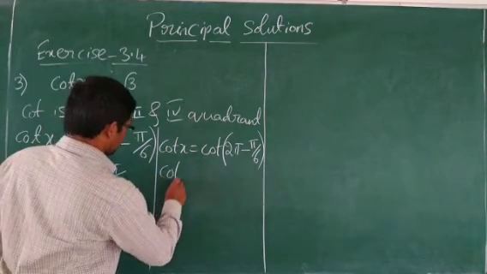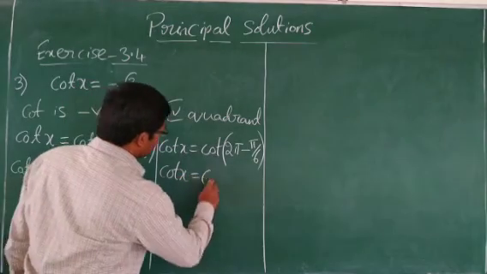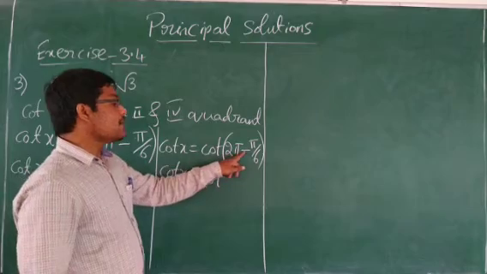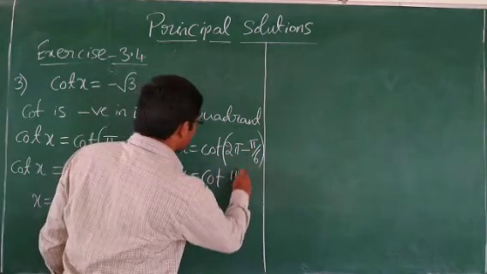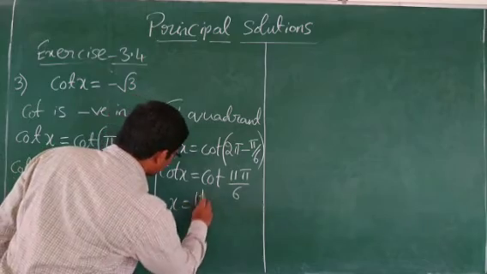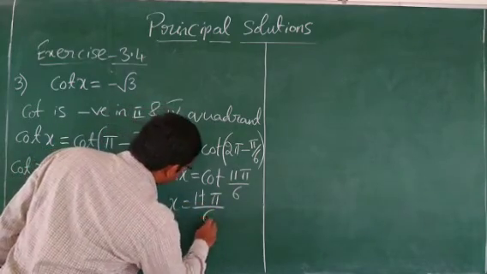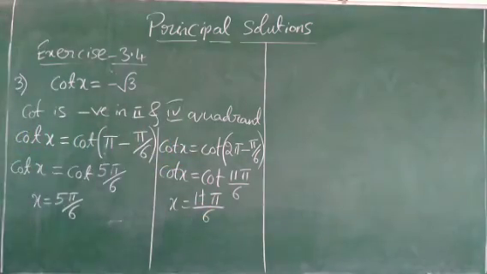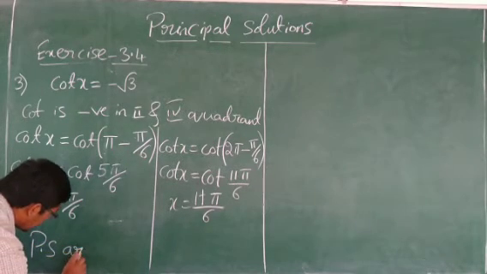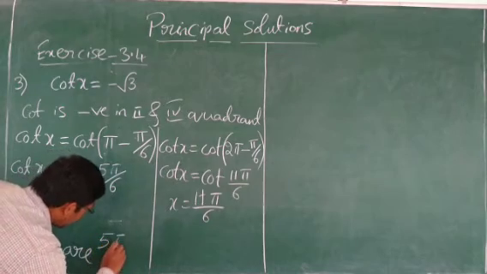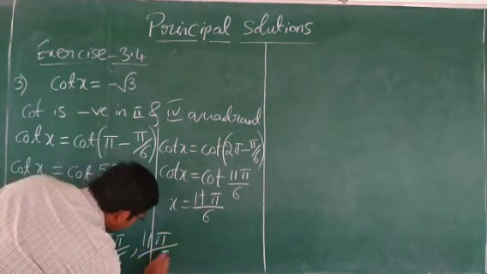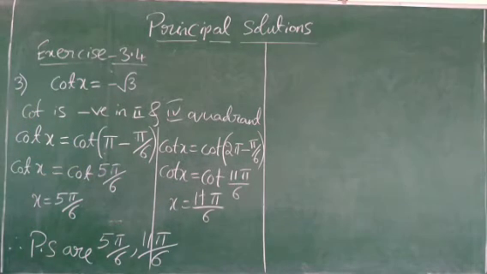So here cot x is equal to cot of 6 into 2 pi, 12 pi minus pi, 11 pi by 6. So x is equal to 11 pi by 6. Again we are getting two principal solutions. Therefore the principal solutions are 5 pi by 6 and 11 pi by 6.